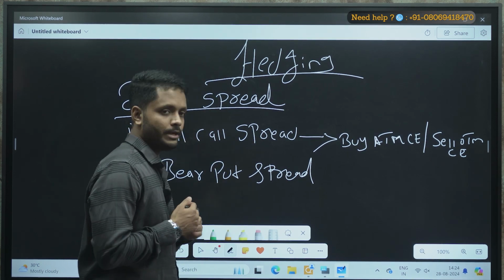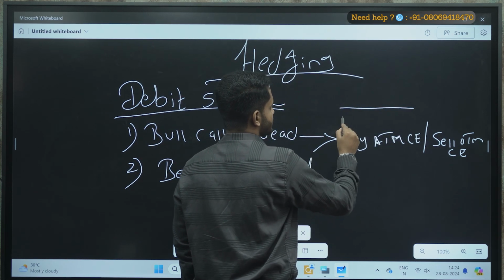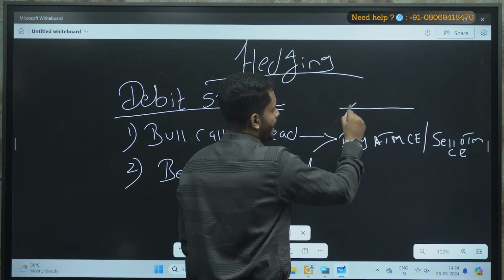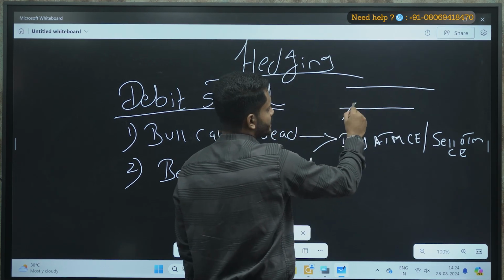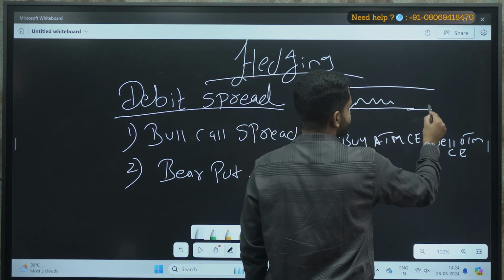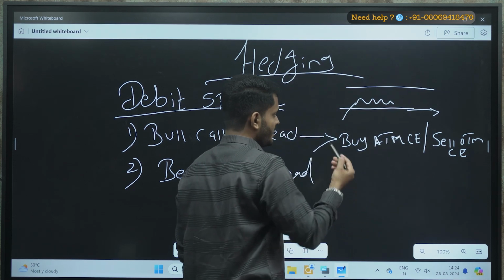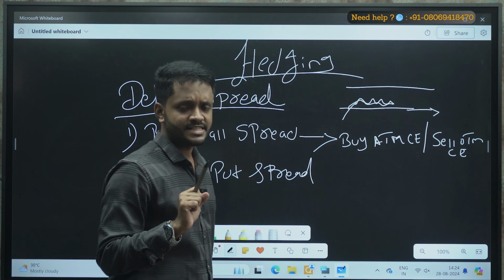How this will help you is, say for example, this is a resistance, and a stock has given a breakout. Instead of hitting the target, it oscillates over here. Now you can buy this ATM call. If it moves and closes above over here, you will have some intrinsic value left.